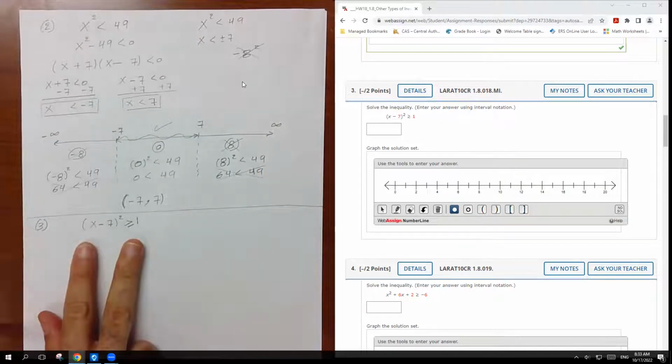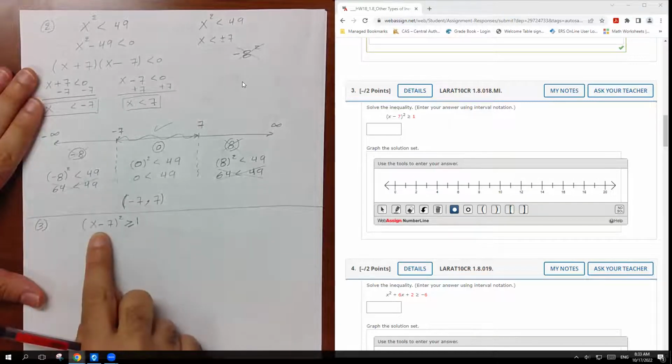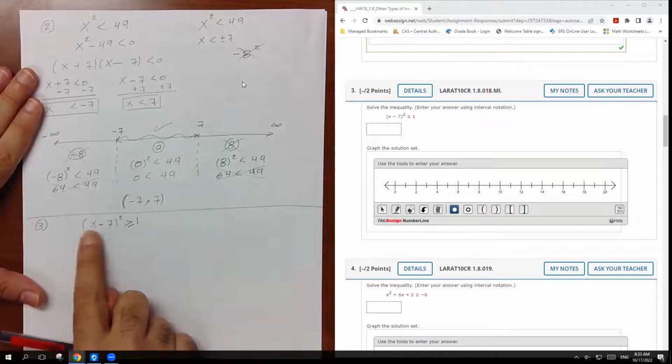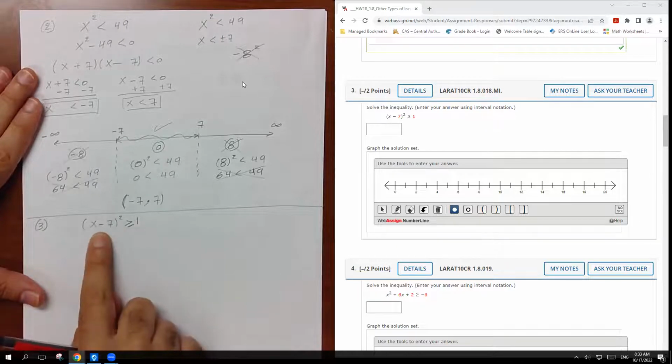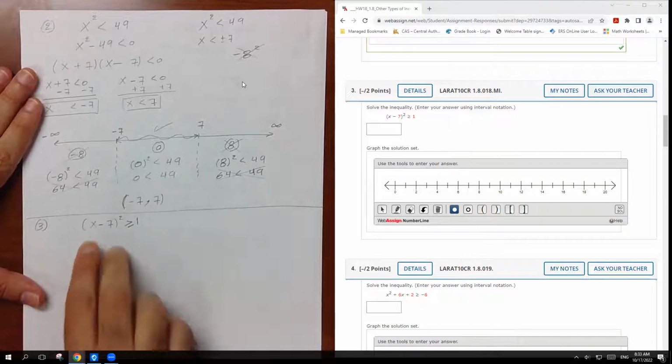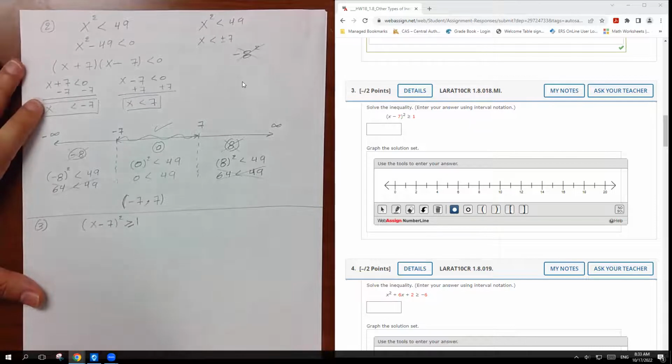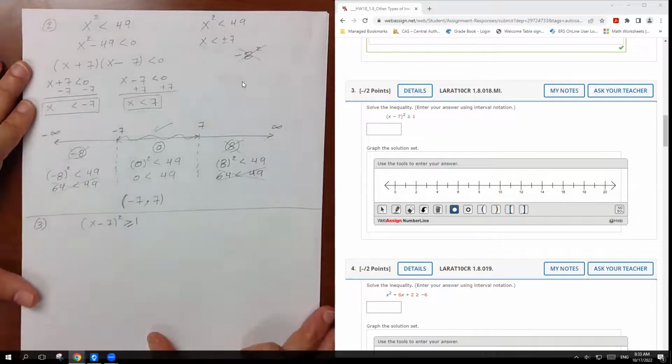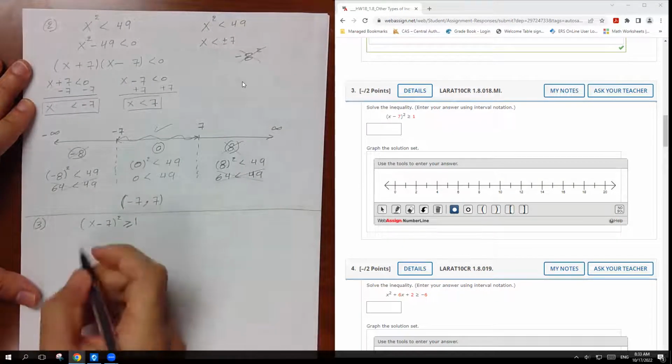For this one, if you want to move the 1 to this side, you have to FOIL the parentheses, then add the 1, then factor the result. It's going to be a long process. The easiest way for this example is to take the square root of both sides.